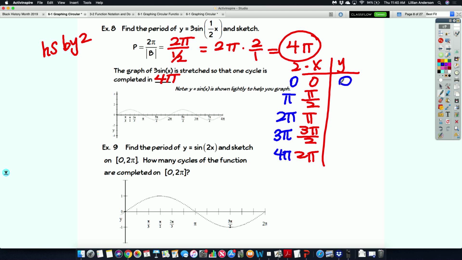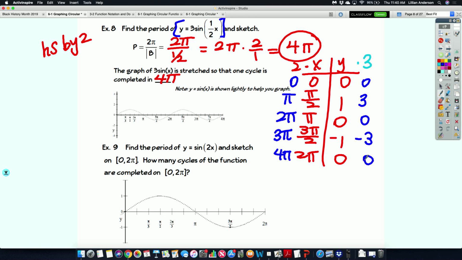The y's, though, does anything happen to the y's? No. Well, actually, something does happen. What happens for this? They get what? Multiplied by 3. So any vertical stretching gets multiplied by 3. So that's 0, 3, 0, -3, 0.